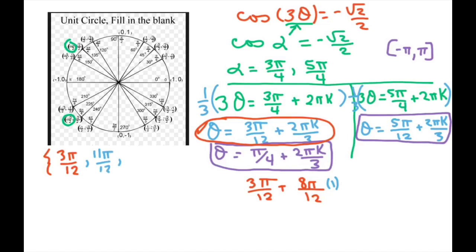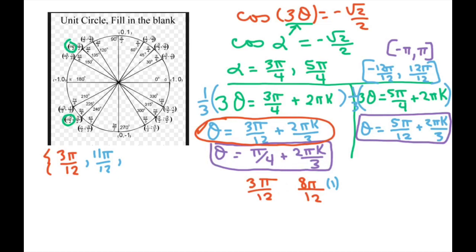And since I'm dealing with 12 as my denominator, let's just write the pi's as negative 12 pi over 12 and 12 pi over 12, because you can't go higher than that. That still is pi. So I know I can't add another 8 pi over 12 because it would be too big. But I can subtract it.